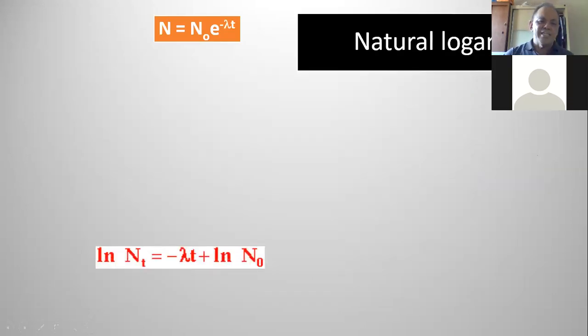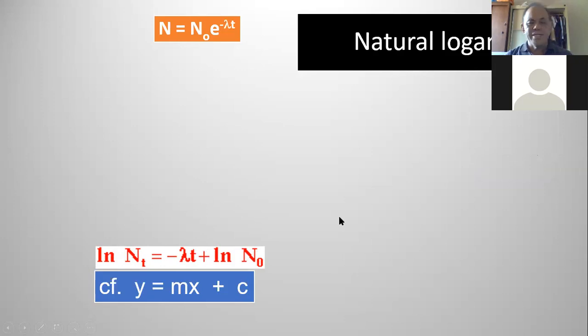Okay, natural logarithm, or logarithm to base e. We take this value and take the natural logarithm of it. Then we can compare with the equation of a straight line, y equals mx plus c. ln N is your y, t is your x. Then the gradient will give you minus lambda, and the y-intercept will give you ln N naught.